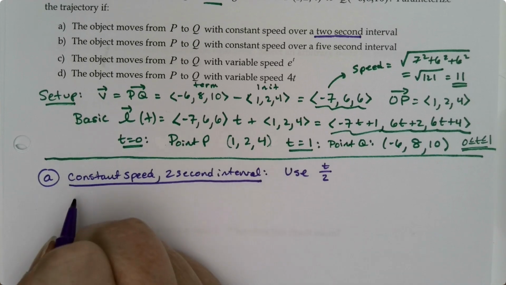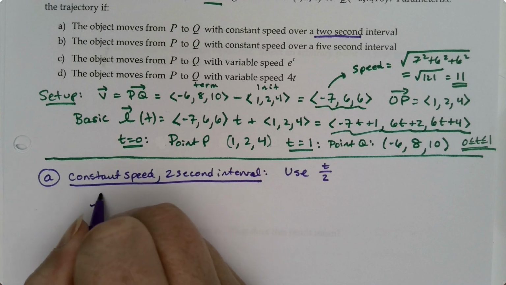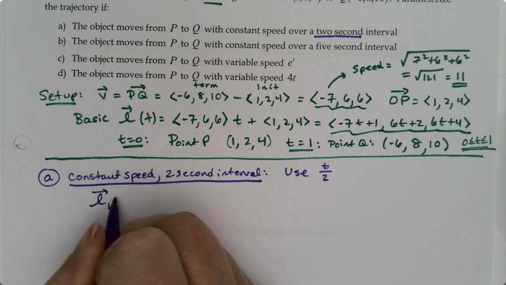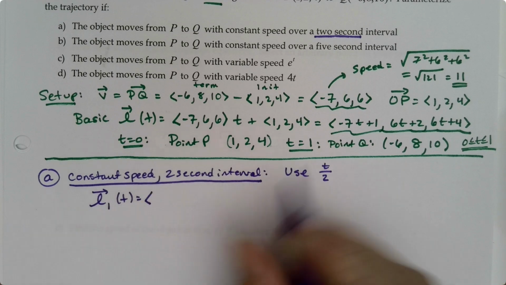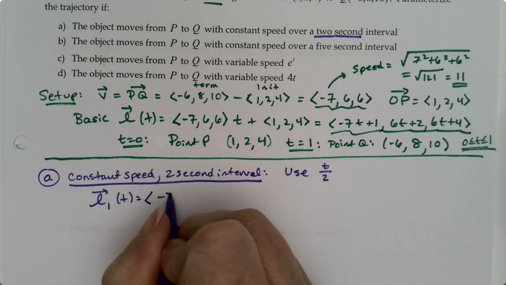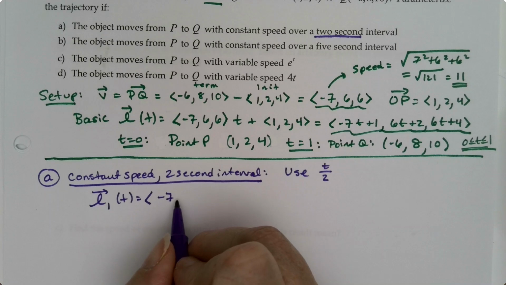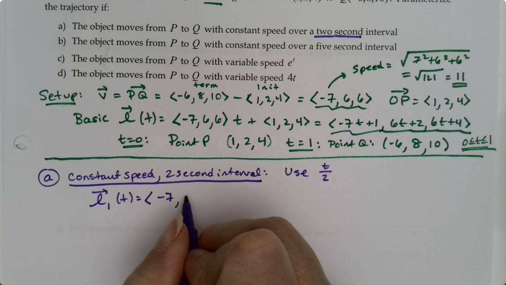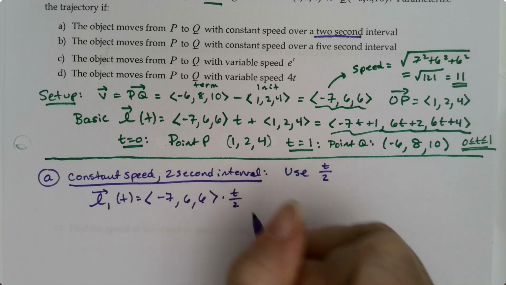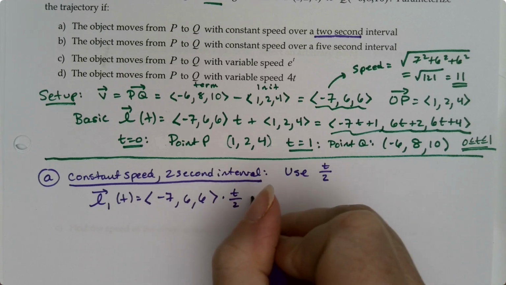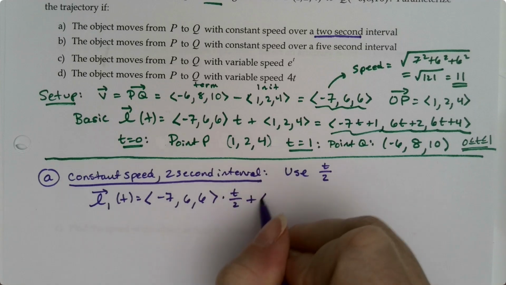So that will make it so that this curve, L1 of t, is equal to (-7, 6, 6) times t over 2, or if you like, plus (1, 2, 4).